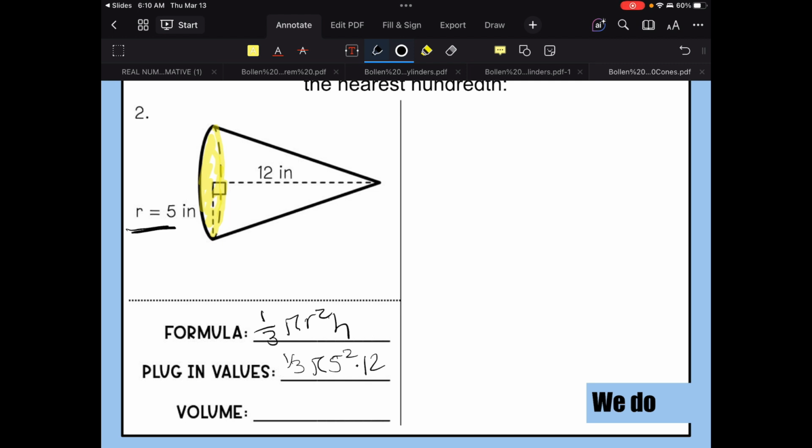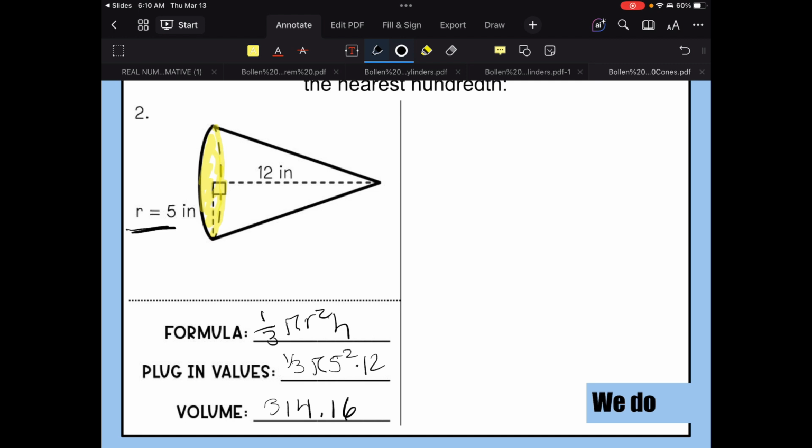When I multiply that all out, I get 314.16.